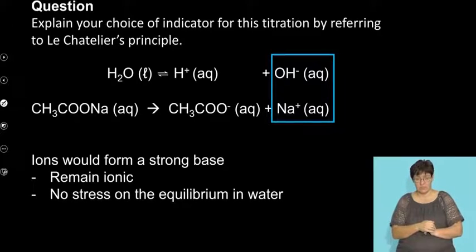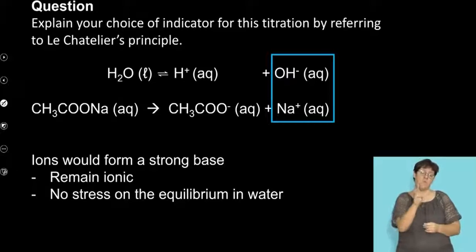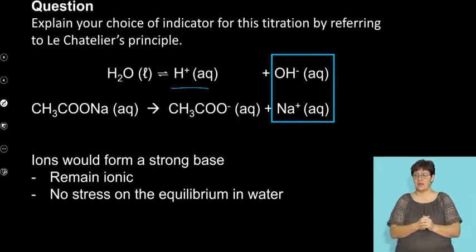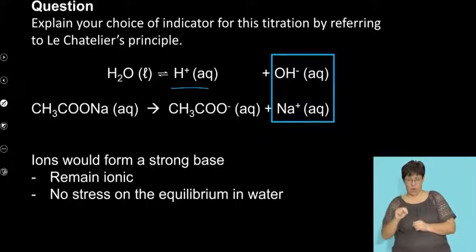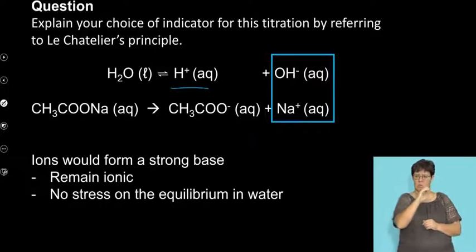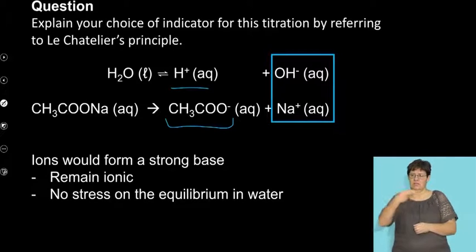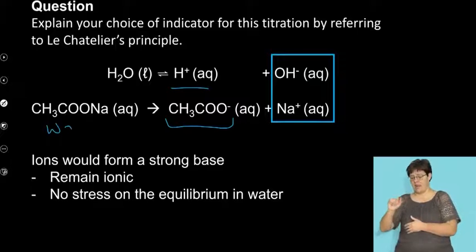You can now look at water that breaks up into hydrogen ions and hydroxide ions, and sodium acetate that breaks up into acetate ions and sodium ions. Remember this is a weak acid.